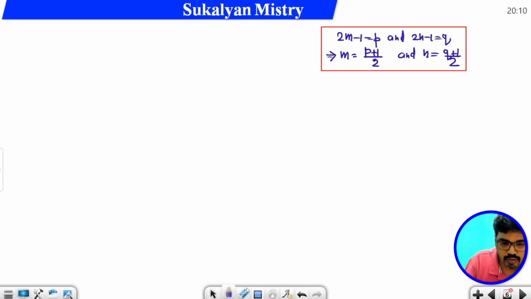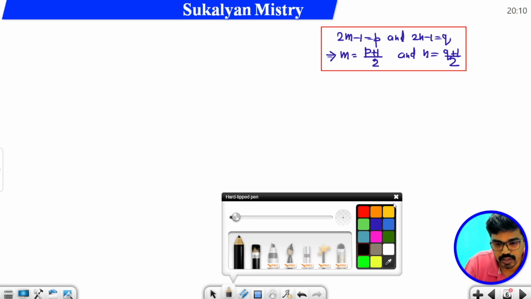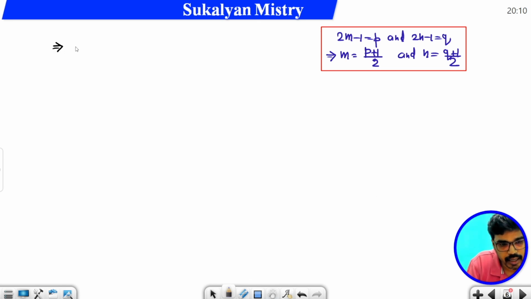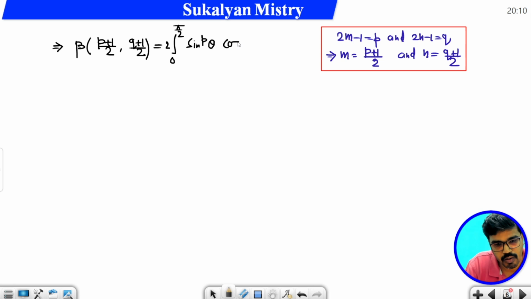So therefore this implies beta m comma n, where m is p plus 1 by 2 and n is q plus 1 by 2, equals 2 integration 0 to pi by 2 sin to the power p theta cos to the power q theta d theta.